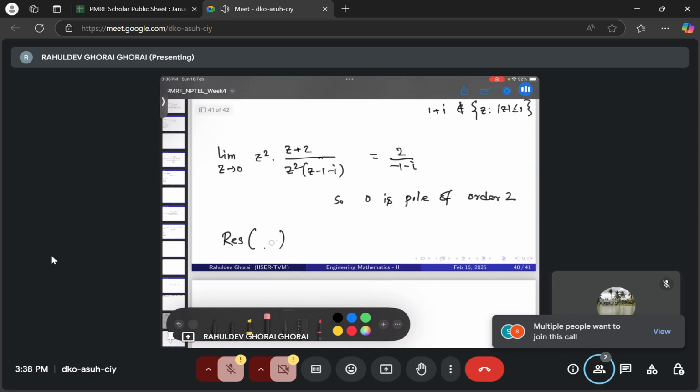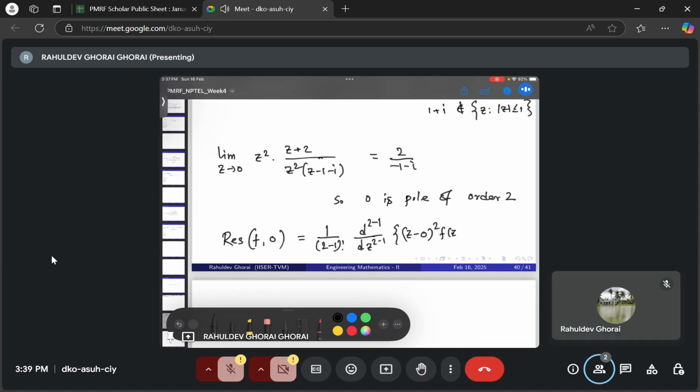So now for f at 0, 0 is a pole of order 2, so this will be 1 over (2 minus 1) factorial, d to the power 2 minus 1 over dz to the power 2 minus 1 of (z minus 0) squared times f(z), limit z tends to 0, right? That is the definition of residue.